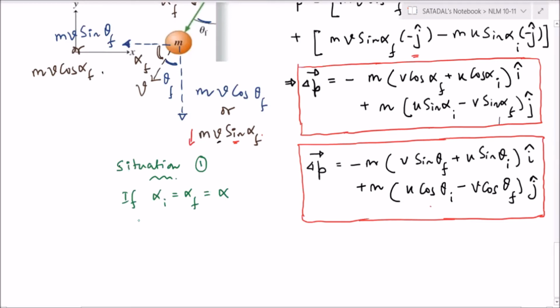Tell me from the equation. Delta P vector is equal to, since these two angles are same, minus m cos alpha (u plus v) I cap plus m sin alpha (u minus v) j cap.